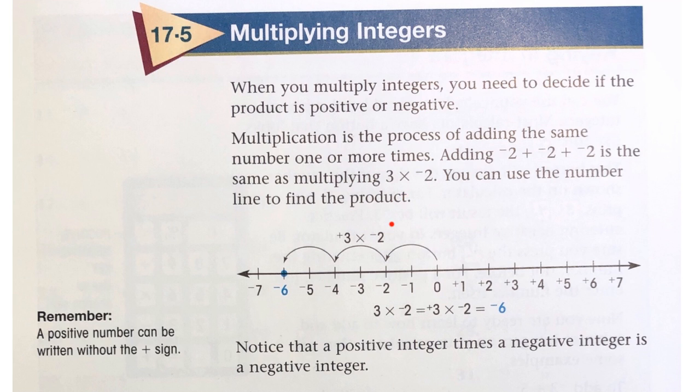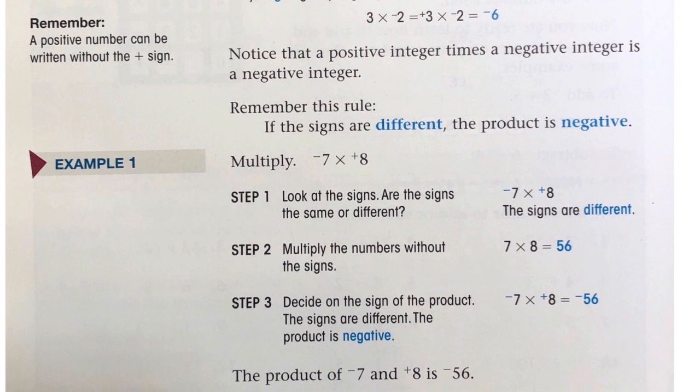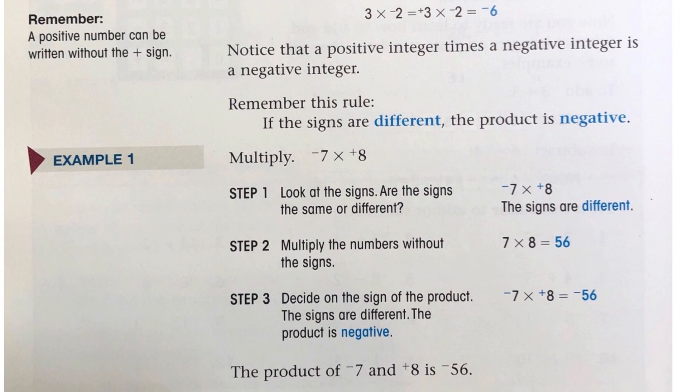So 3 times -2 means you're adding -2 3 times. -2, -2, -2. -6 is the product. A positive number can be written without the plus sign, remember.